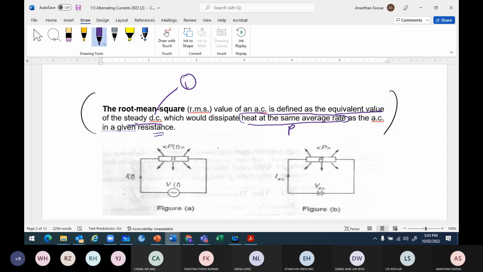Guys, very important. The highlight of alternating current is the root mean square value, the RMS value. The RMS value of AC is a value equivalent to a DC which dissipates the same rate of heat across a resistor.